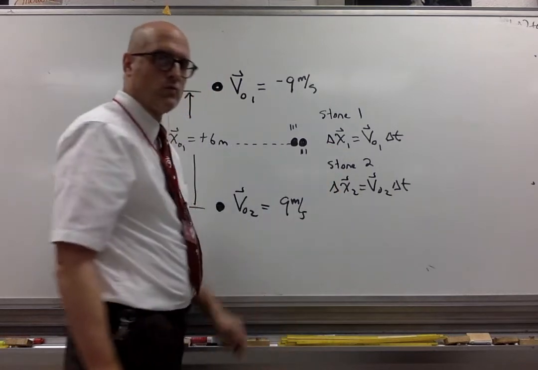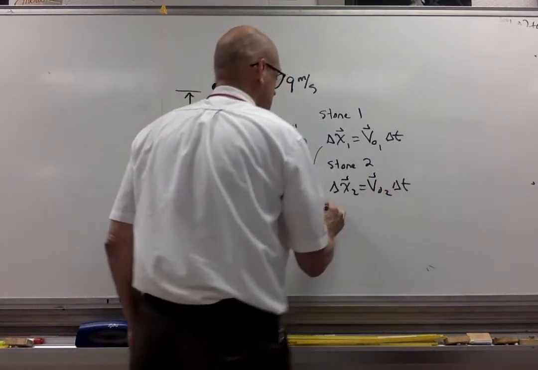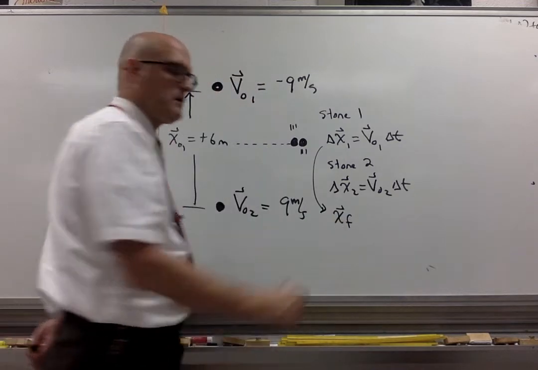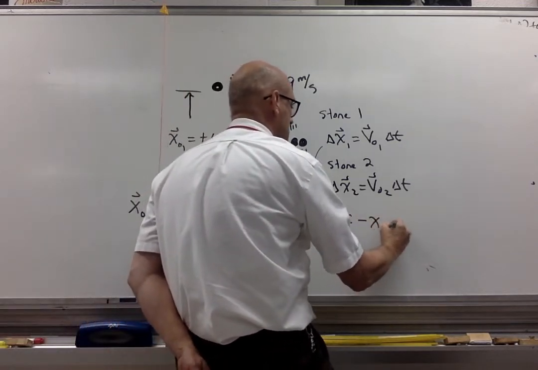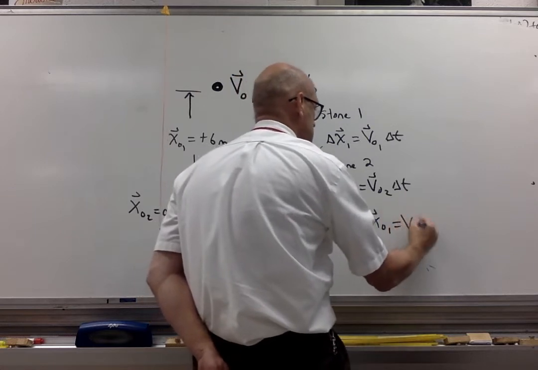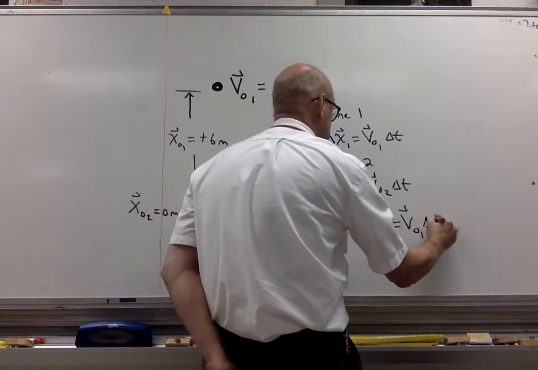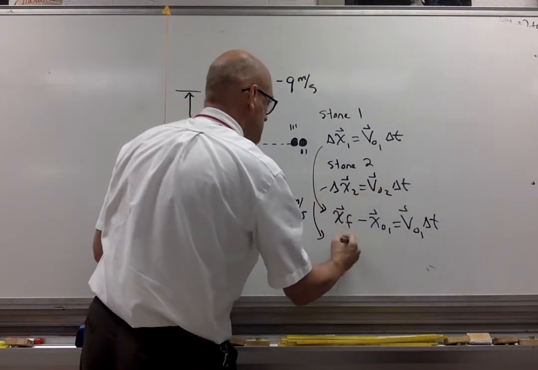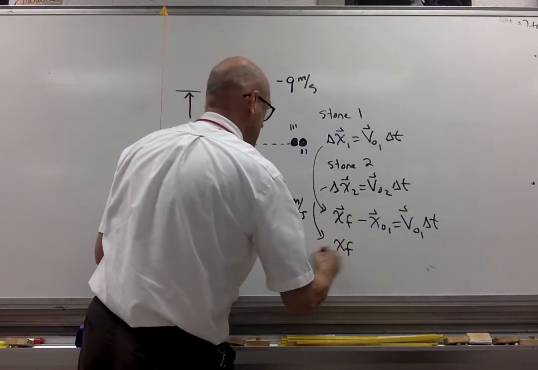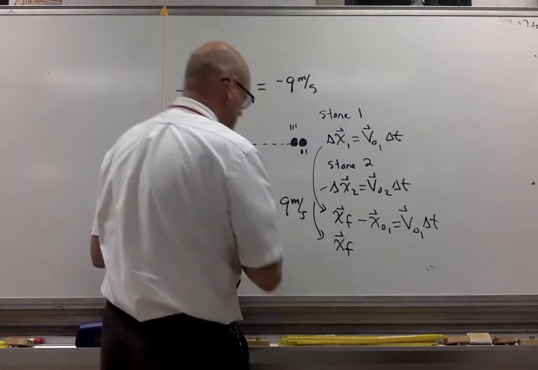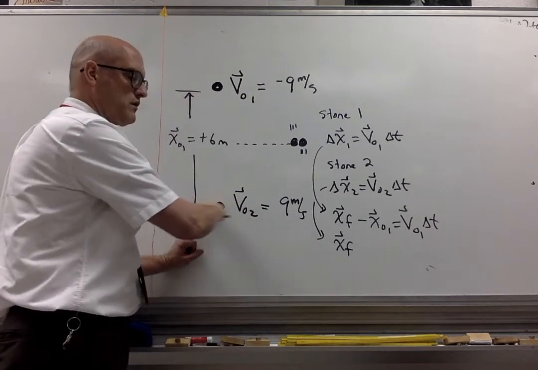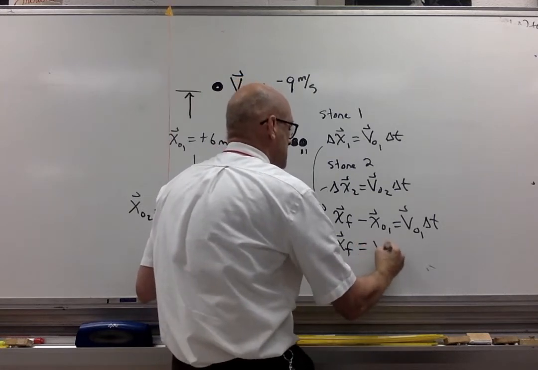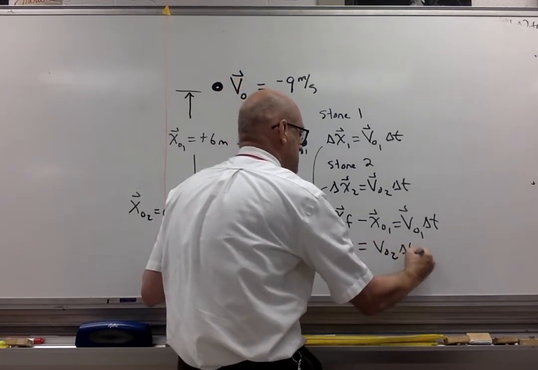Now delta x1 is equal to xf, where they meet, minus xo1. And for stone 2, delta x2 is equal to xf minus 0, because the 0 meter position is where stone 2 is thrown from, is equal to VO2 delta t.